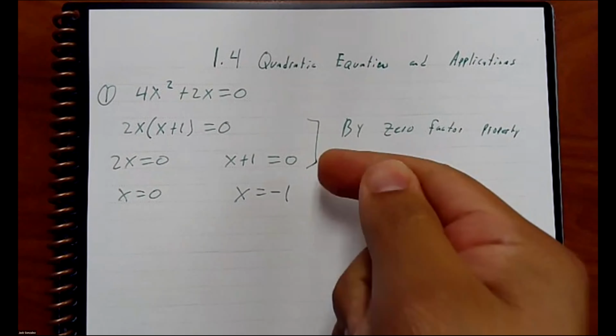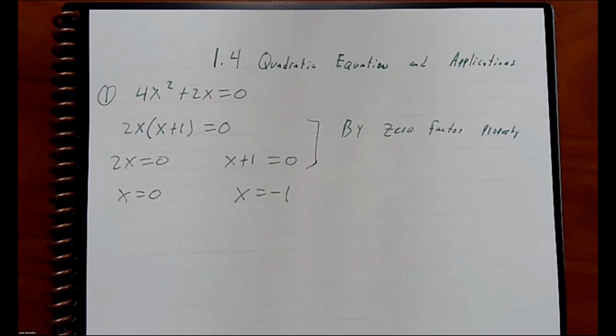Any issues with the algebra from here to here? Let me see.